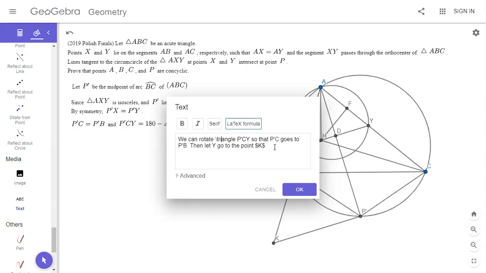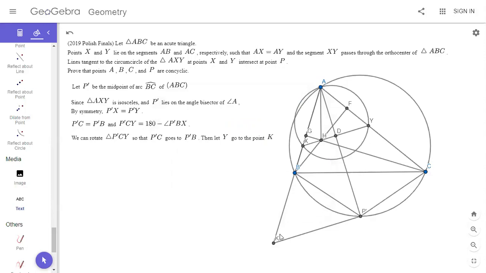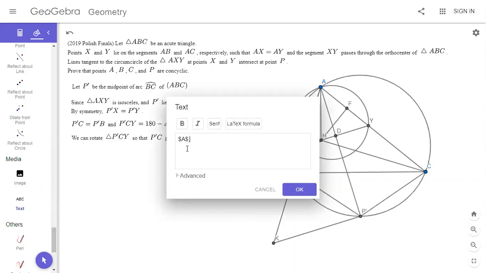All right. So A, B, and K would then be collinear. All right.